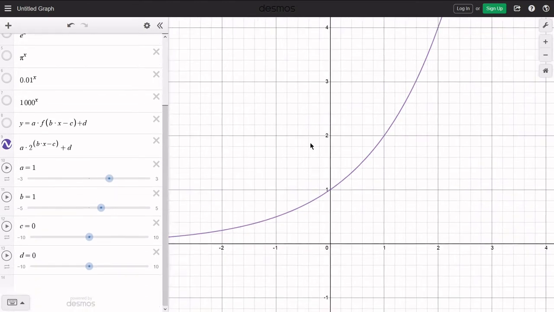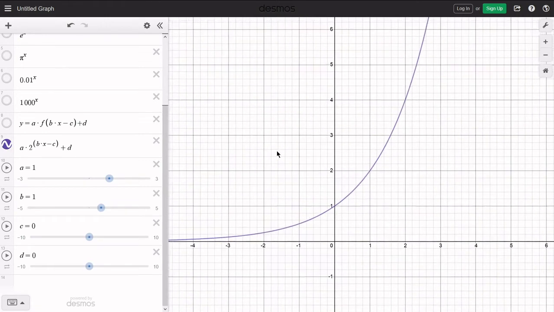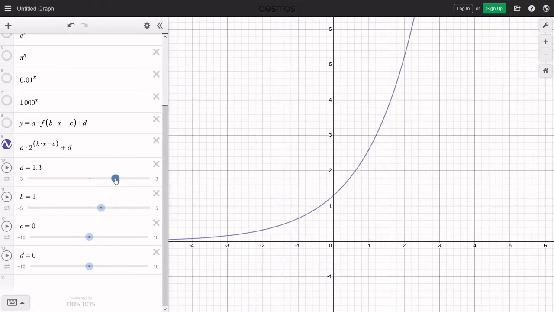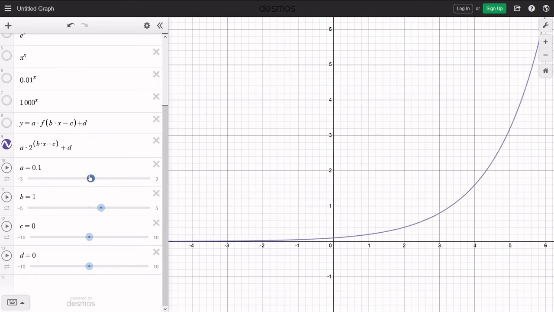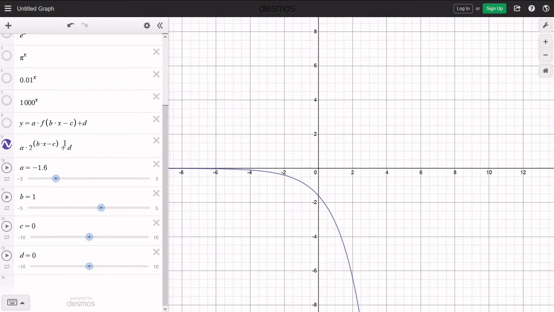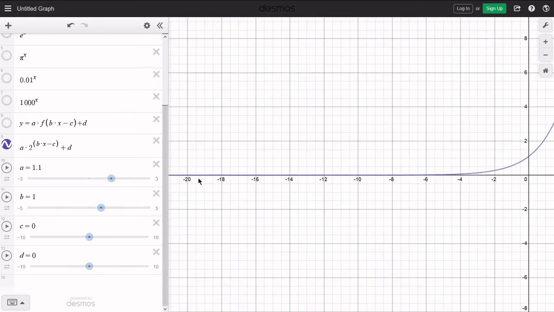And now a, let me zoom out a little bit. A stretches it vertically. If it's negative, it flips it and then stretches it downward. On the left-hand side, it's hard to see that stretch. That's because there's kind of an anchor point, really off towards negative infinity.